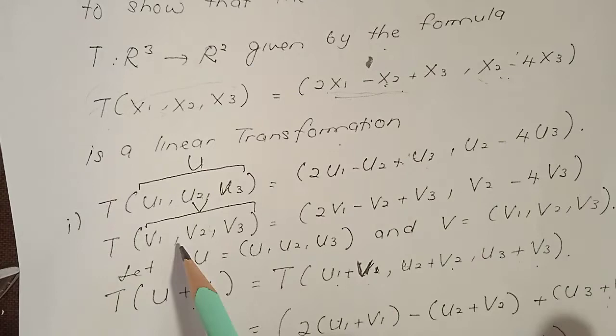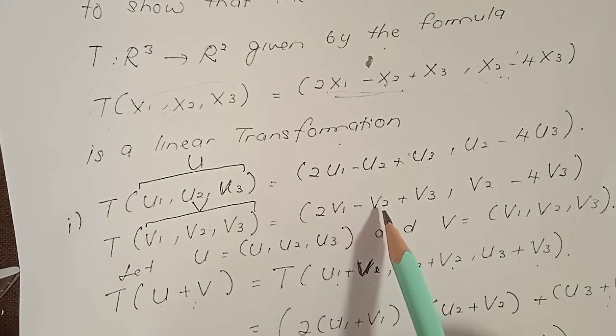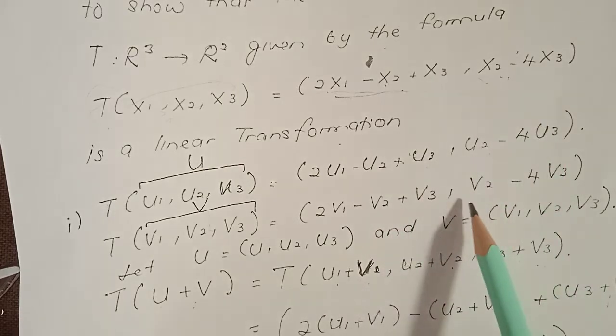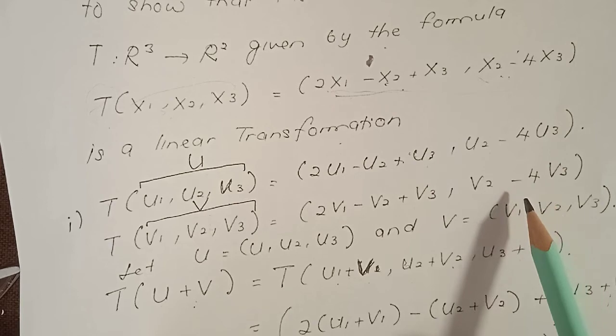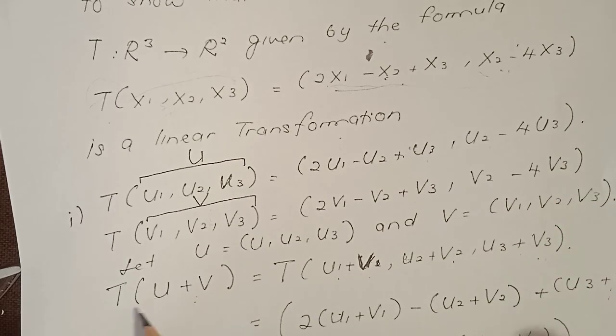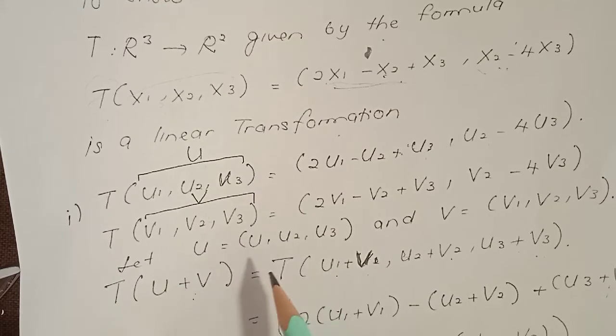For T of v1, v2, v3, it is assigned to 2v1 minus v2 plus v3, and the second component is assigned to v2 minus 4v3.